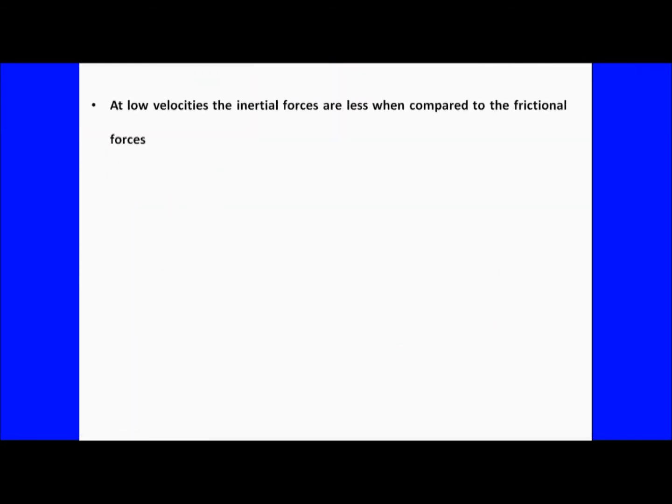Now you should know that at low velocity, the inertial forces are less when compared to the frictional forces. Thus, at low velocity, the water or the color dye in the experiment always moves in a laminar fashion, in layers. The resulting flow will be viscous in nature.